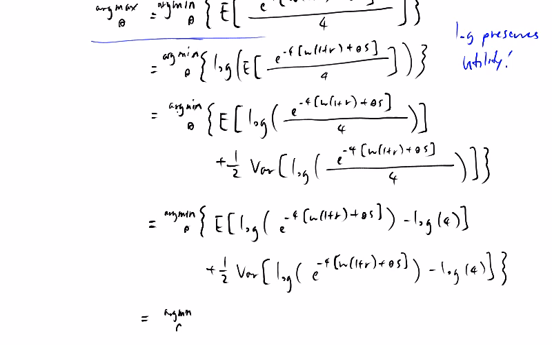Let's do an argmin. You have the expectation of negative 4 W times 1 plus R plus theta S, minus log 4, close bracket.